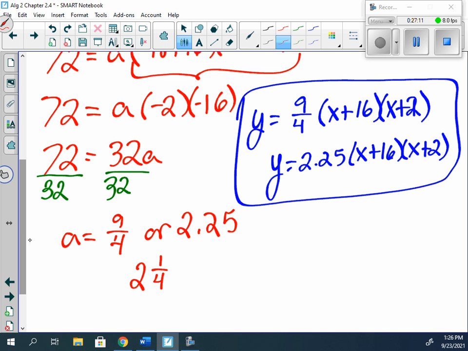Either one of those would work. The only one we wouldn't use is the 2 and 1/4. We don't want to use a mixed number when we have it in an equation. Any questions on any of this here? We feel good with this here?